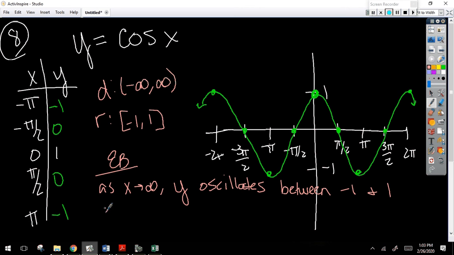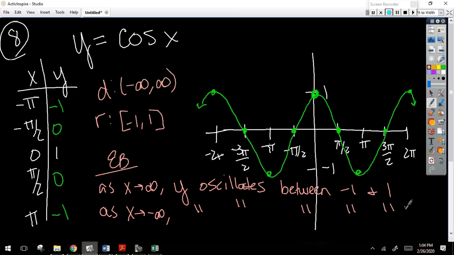As x goes to negative infinity, y oscillates between -1 and 1. Exact same. In behavior, it's the same on both ends. Does that make sense? Yay, I finally feel like we touched on a little pre-cal stuff now.